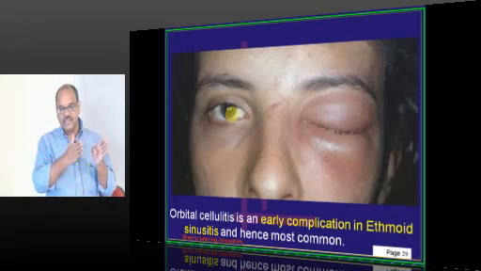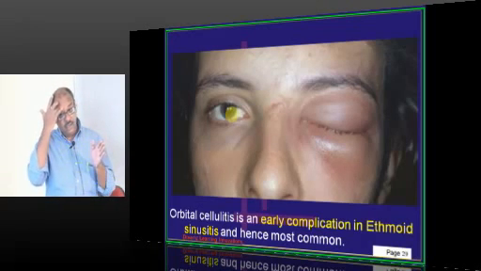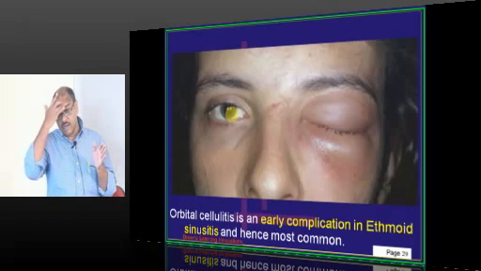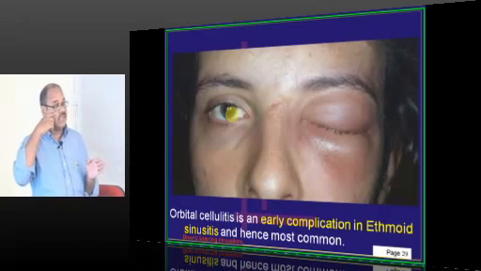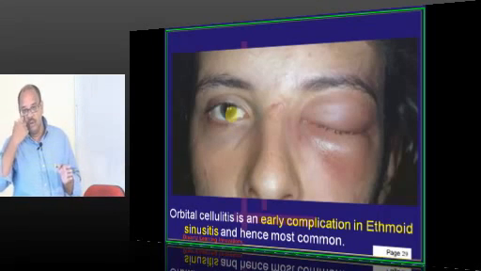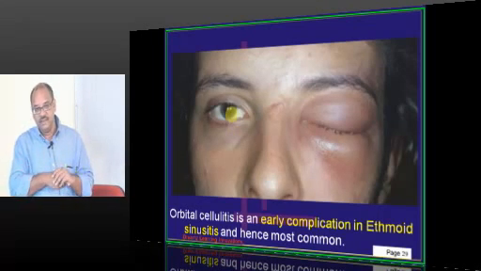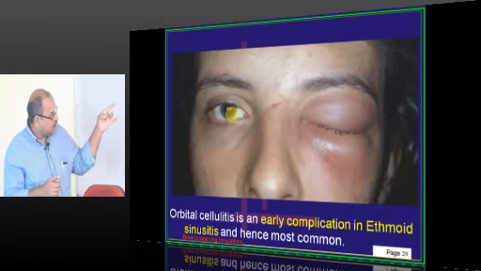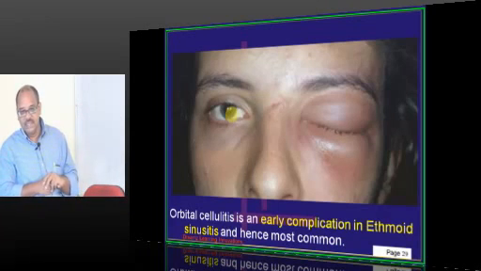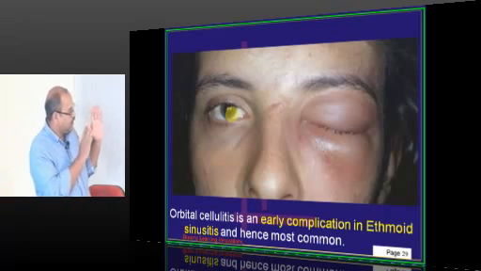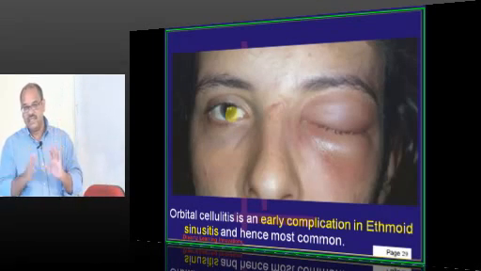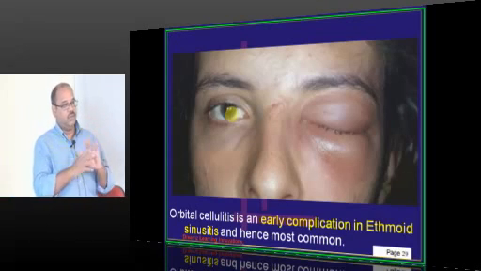So ethmoid sinusitis causes orbital cellulitis more than any other sinus, because in the maxillary sinus the infraorbital rim is a strong bone compared to lamina papyracea. Therefore the correct answer is ethmoid sinusitis, most commonly seen in children. When you see eye swelling like this and purulent nasal discharge, suspect acute ethmoiditis.